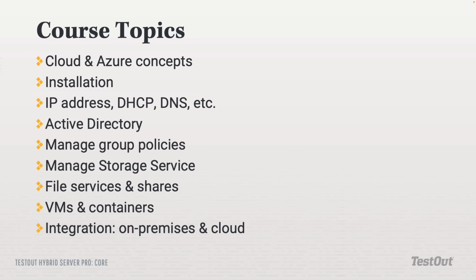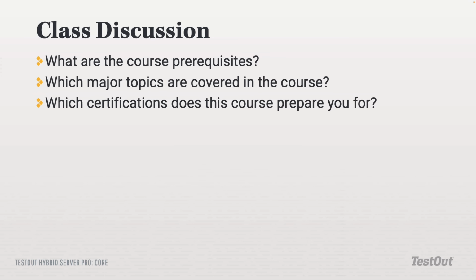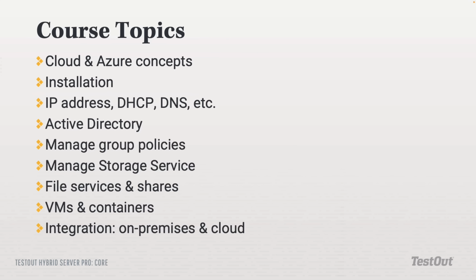So if you hear the term on-prem in the industry, that means on premises. So we have an on-prem server that has Active Directory on it. That means that we have a server that's handling all of our logins and security and all that fun stuff. Integration is on-prem and cloud.